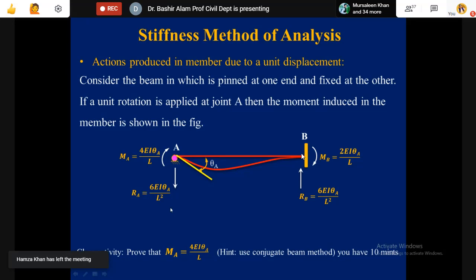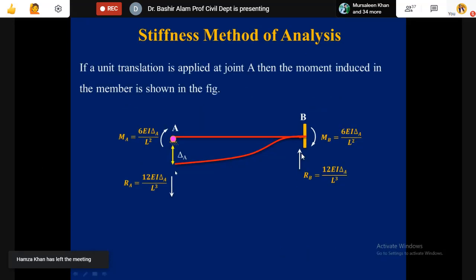Okay, after this let's discuss the case where translation is given. The A support is sliding down by delta A. So let's say it is going through a settlement. Instead of rotation, it is going through settlement. It settles down. So in this case, how will the member end actions be calculated?